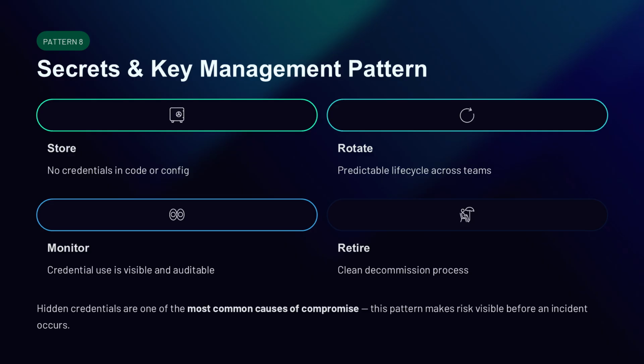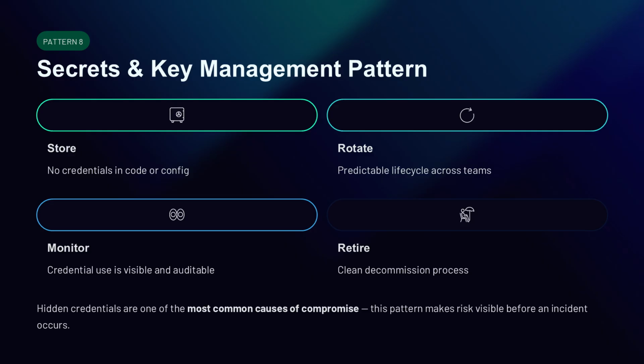With data protection clear, you now address secrets and key management because hidden credentials are one of the most common causes of compromise. A secrets and key management pattern clarifies how secrets are stored, accessed, rotated, monitored, and retired.